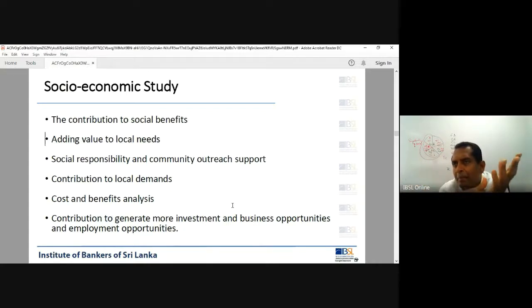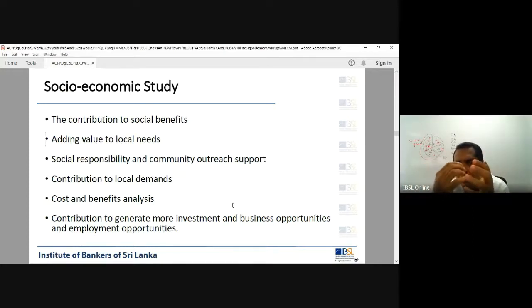Then after 6 months or 1 year, I went back. We saw a small shopping area had come in, some eateries, some vans, transport had come in. A small economy had developed around that factory. What is the benefit you give to society? You create jobs.